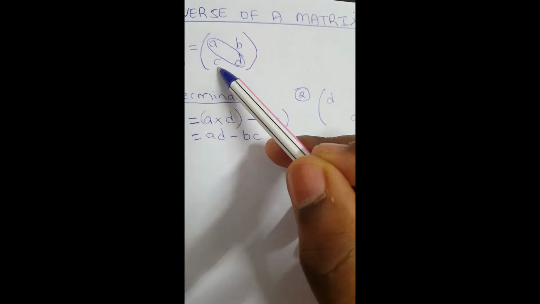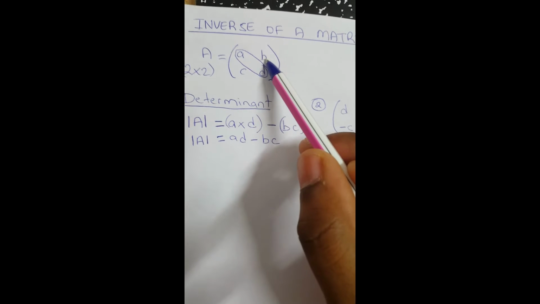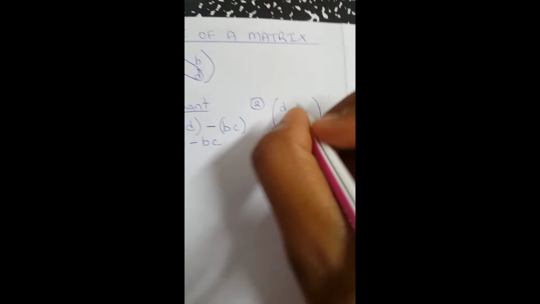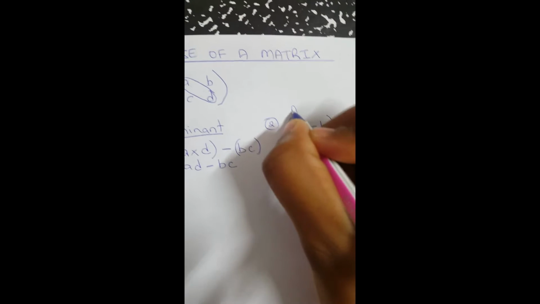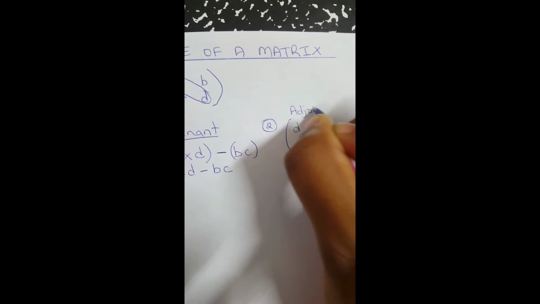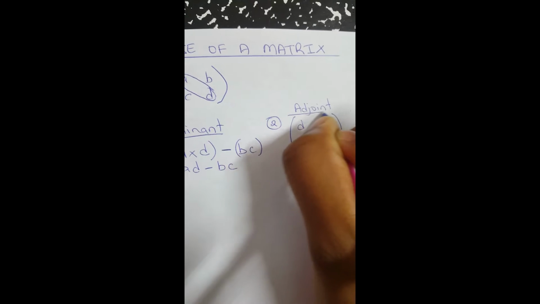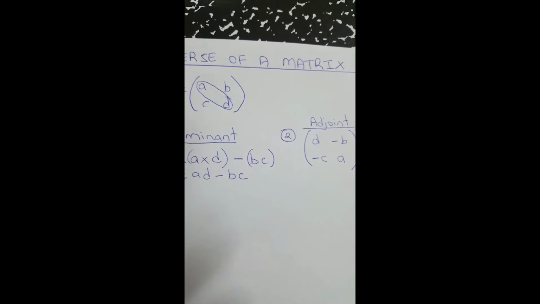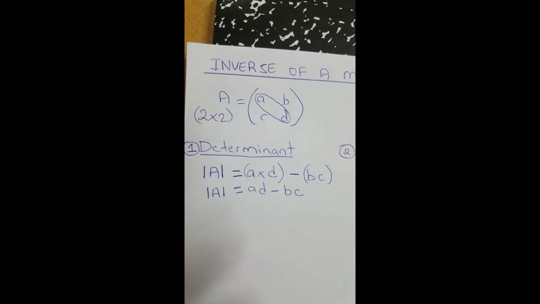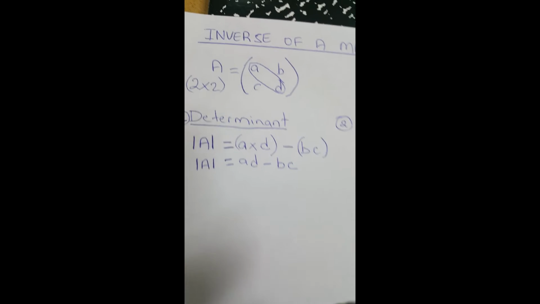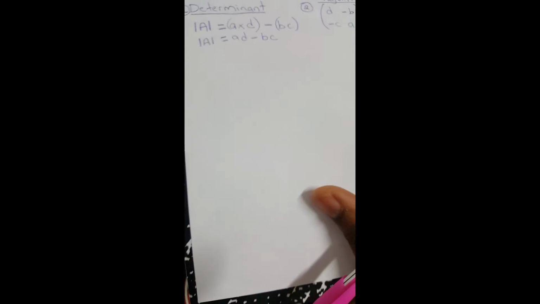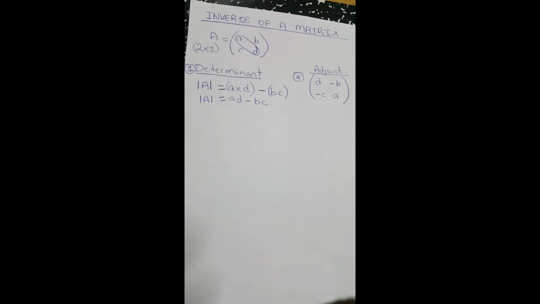If this was a positive c, it will now become negative c. And if this was a positive b, it will now become negative b. So we are now one step closer. This is what we call our adjoint of a matrix. We're really just rearranging or changing some things from our original in order to find this new thing. We need these two in order to find the inverse.